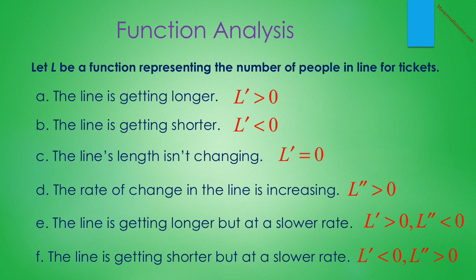In the second minute, 3 people are leaving the line. That means the line is changing by -3. In the third minute, 2 people leave the line. That means the line is changing by -2. So our numbers have gone from -4 to -3 to -2, meaning that L double prime is positive.